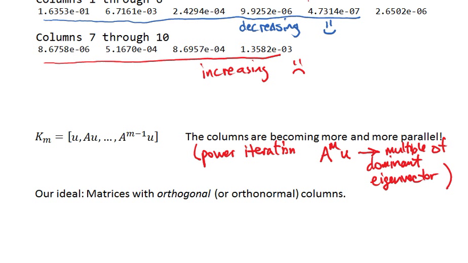So that means that in the limit, as m keeps growing, the columns that we're putting into this matrix are getting closer and closer to parallel vectors. Well, that's kind of the opposite of what we really want.